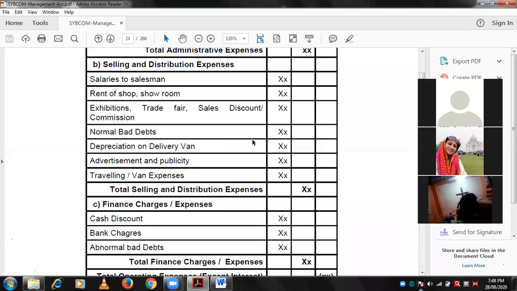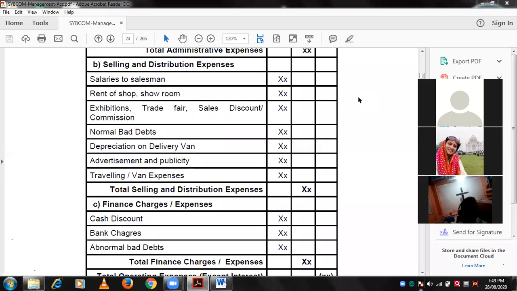Selling means actually selling the product to the customer. And distribution means after selling that product, the delivery is done. So the delivery charges are the distribution expense. Or suppose you are the wholesaler or distributor, and after receiving the product you deliver it to all customers, there may be some delivery charges.